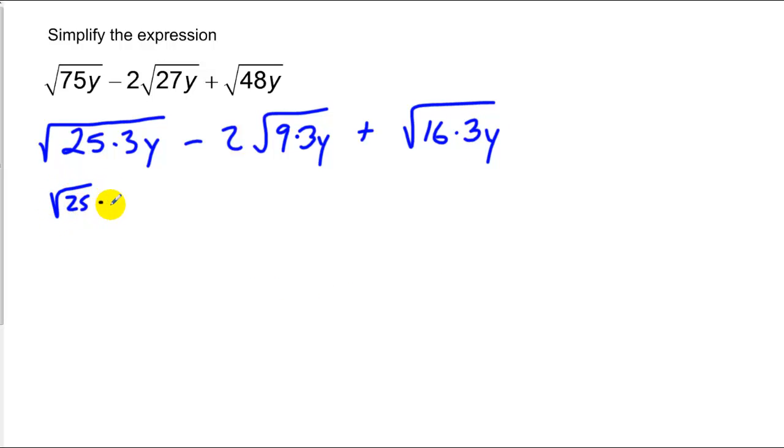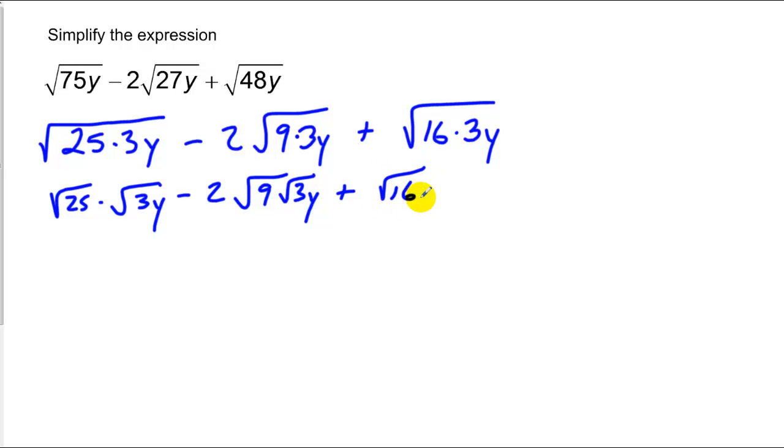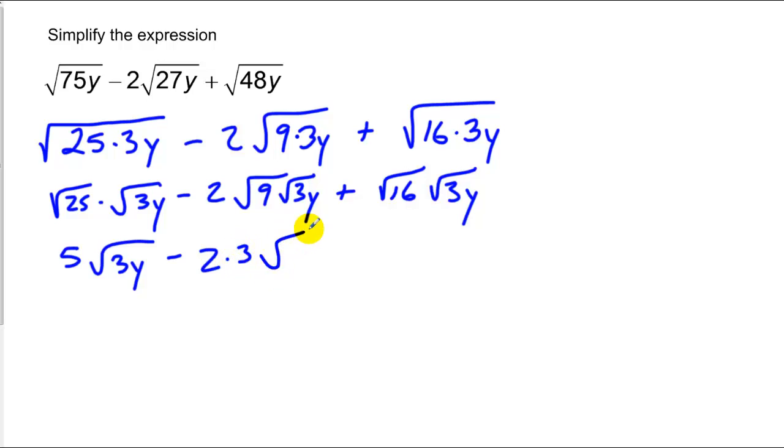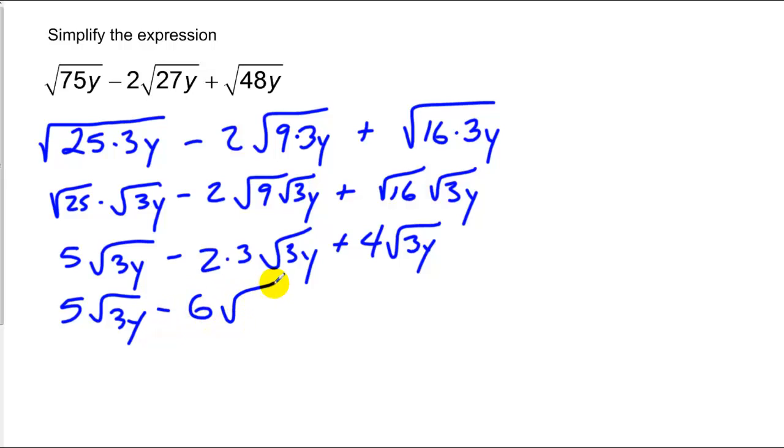Root 25, root 3y, minus 2 root 9 root 3y, plus root 16 root 3y. This is 5 root 3y, minus 2 times 3 root 3y, plus 4 root 3y, or 5 root 3y, minus 6 root 3y, plus 4 root 3y.